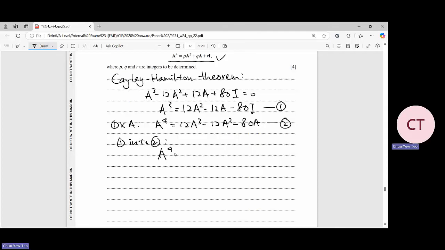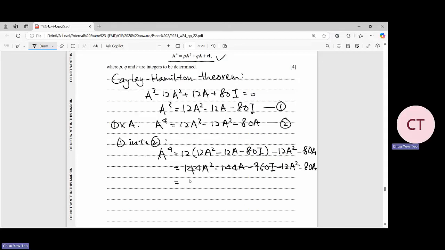You will get A to the power 4 equal to 12 times (12A squared minus 12A minus 80I) minus 12A squared minus 80A. Expand and simplify, you get 144A squared minus 144A minus 960I minus 12A squared minus 80A.